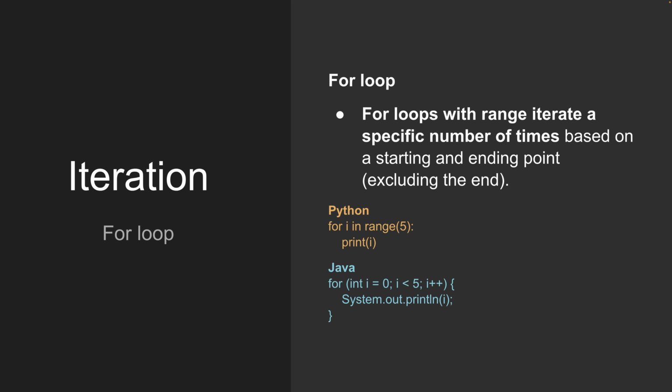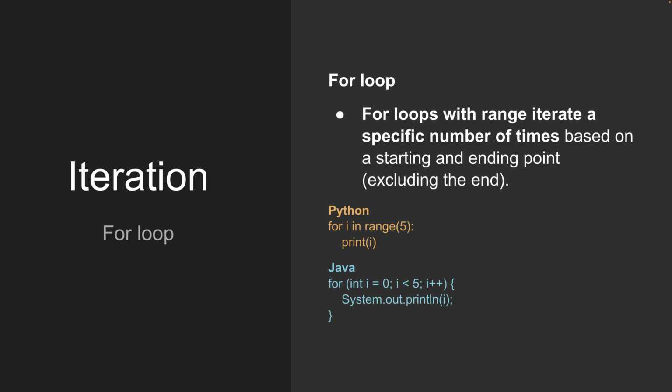So, in this case, we only have an endpoint. So you don't have a starting point for where you're starting a range. If you wanted to print from 1 to 50, you would say for I in range 1, comma 50.